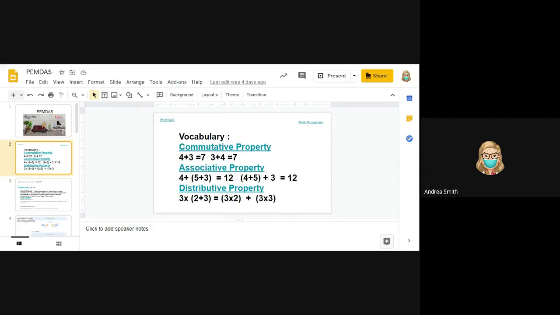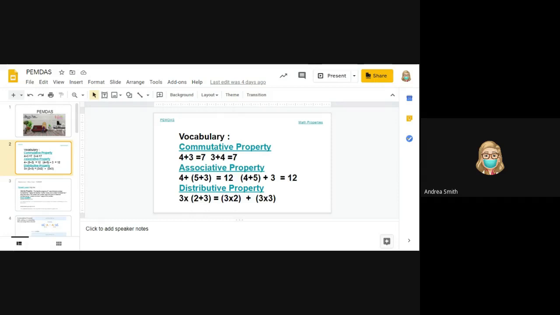It says 4 plus 3 equals 7. If I change those numbers around or swap them around, am I going to get the same answer? 4 plus 3 equals 7. Let's switch them around. 3 plus 4 equals 7. Yes, it does. You still get the same answer. So commutative property states that you can move your numbers around and still get the same answer.